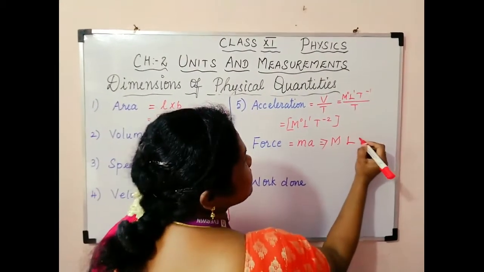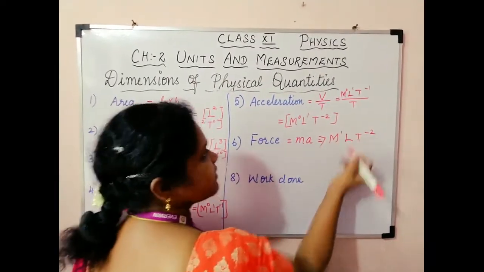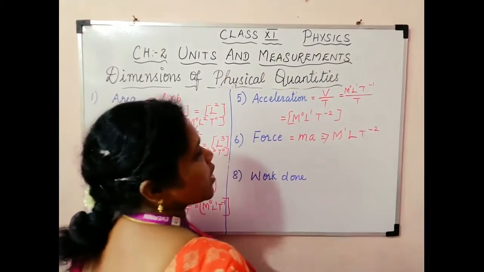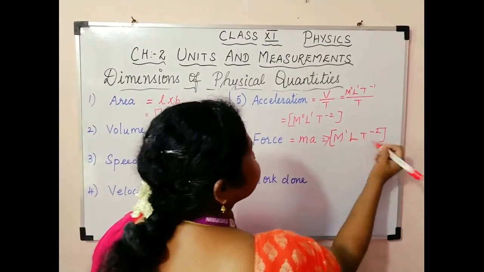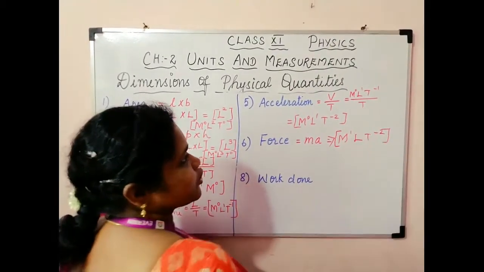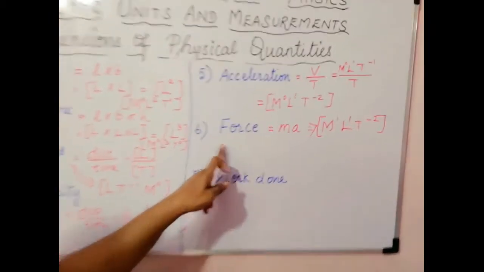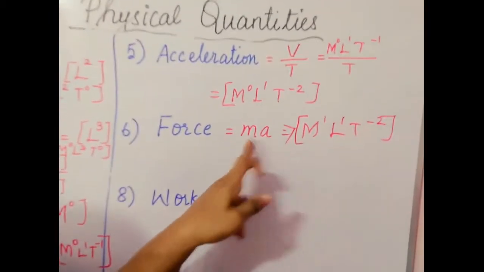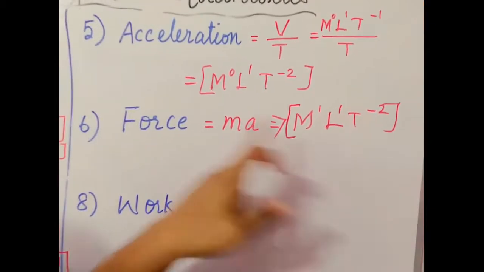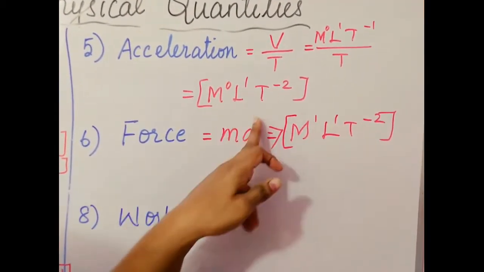Anyway, M power 0 is 1, so here M power 1, 0 plus 1, 1. So M L power 1 T power minus 2 is the formula for force. Force is mass into acceleration, mass M, acceleration M power 0, L power 1, T power minus 2.